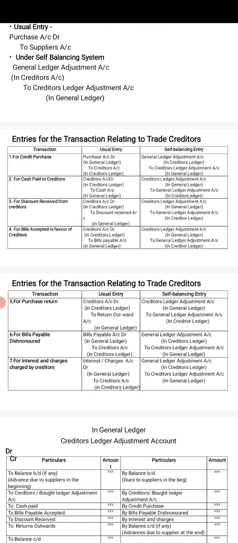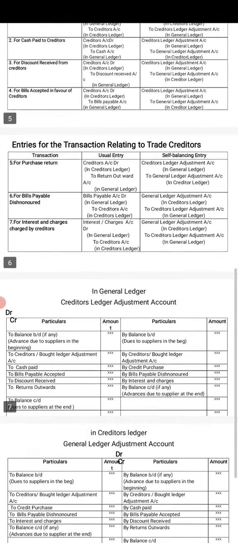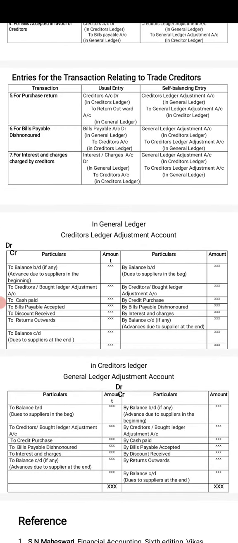Seventh one, for interest and charges charged by the creditors. Interest account debtor to creditors account; general ledger adjustment account debtor to creditors ledger adjustment account. This is journal entry. Now we'll see ledger accounts.